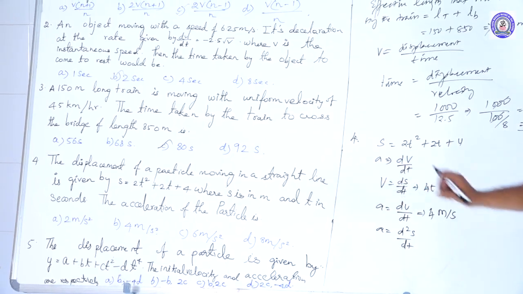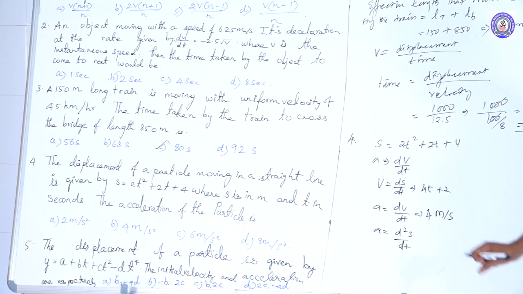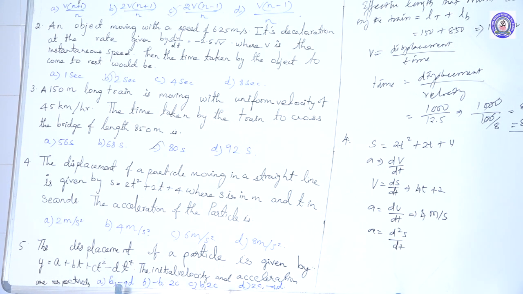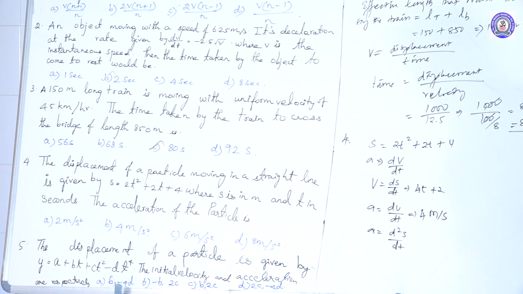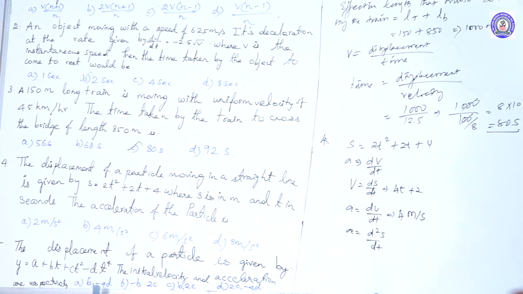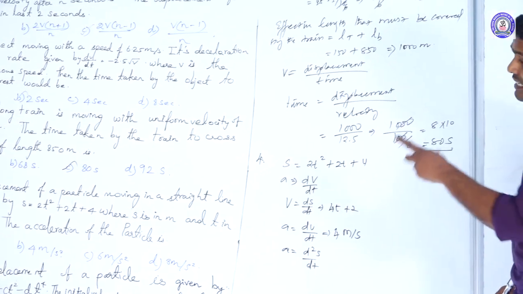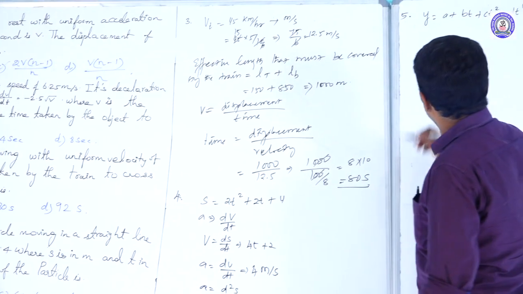The displacement of a particle is given by y equals a plus bt plus ct square minus dt power 4. The initial velocity and acceleration are respectively. In the question, they have mentioned initial velocity and initial acceleration, right?